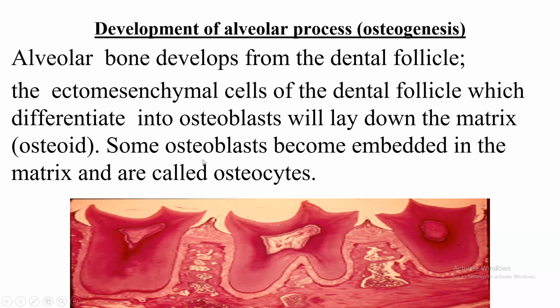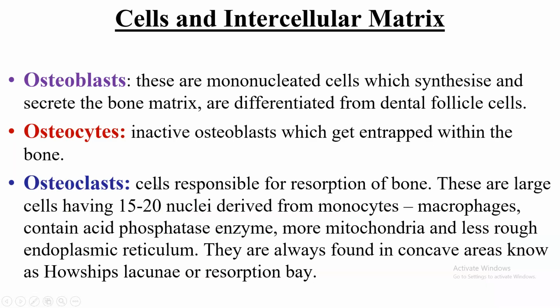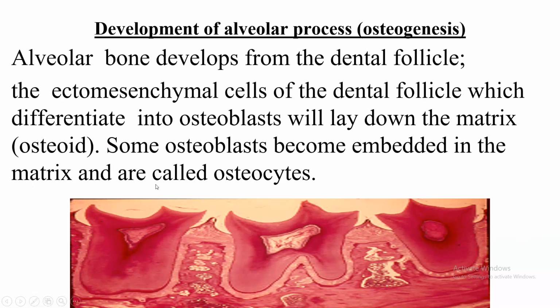These osteoblasts become embedded in the matrix, and now we call it the osteocyte. After the osteoid matures, the cell becomes inactive and embedded within the bone matrix, so we call it the osteocyte. So the osteoblast that is inside the matrix transforms into an osteocyte.